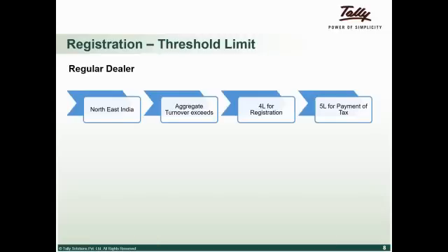He has to register. Now, if his aggregate turnover exceeds 5 lakh rupees, then he has to pay tax on the sale, which means the taxability is effective from 5 lakh rupees of aggregate turnover.